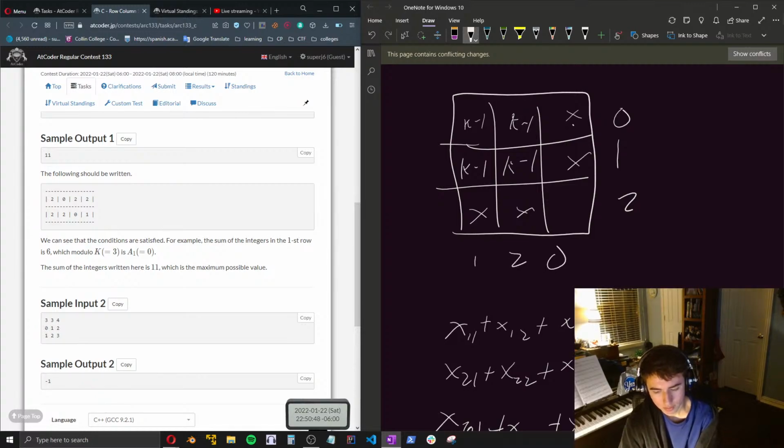That means the sum of all of them over here should be equal to the sum of what? Well, this is the total sum minus 0. This is the total sum minus 2. So the difference between these sums is the difference between these, basically.